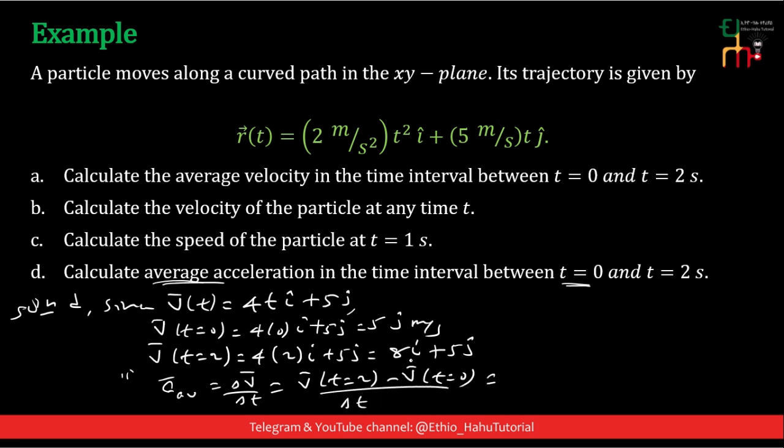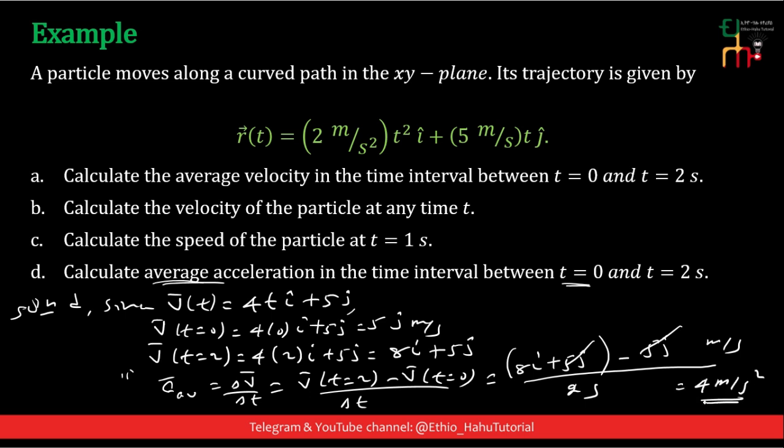Velocity at 2 seconds is 8 i plus 5 j meter per second, minus velocity at t is equal to 0, which is 5 j meter per second, divided by delta t, which is 2 seconds minus 0, 2 seconds. 5 j minus 5 j goes, we are left with 8 i meter per second divided by 2 seconds. 8 by 2 is 4 meter per second squared. Therefore, average acceleration is 4 meter per second squared.